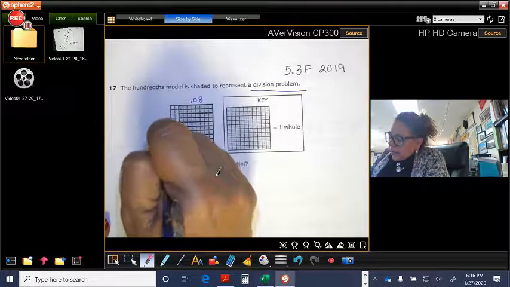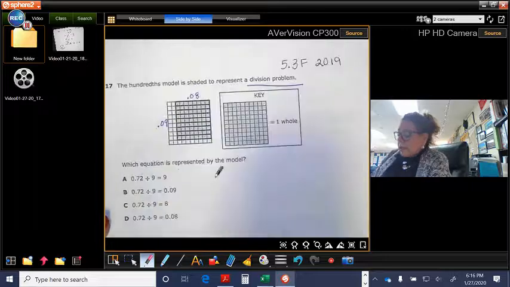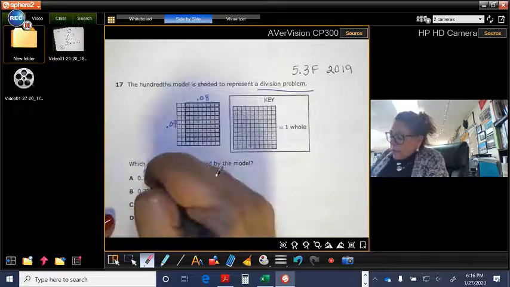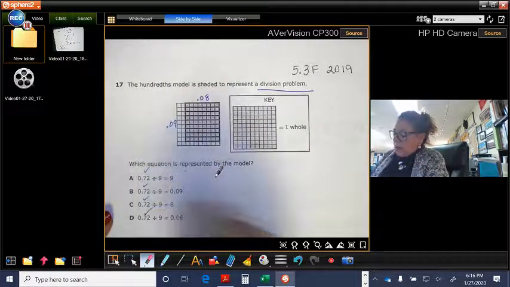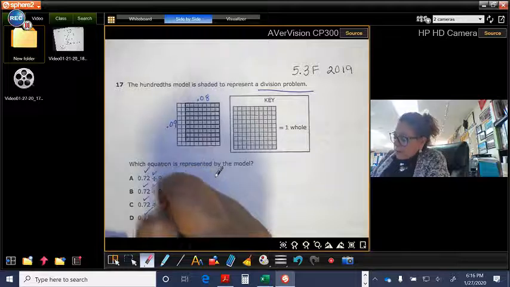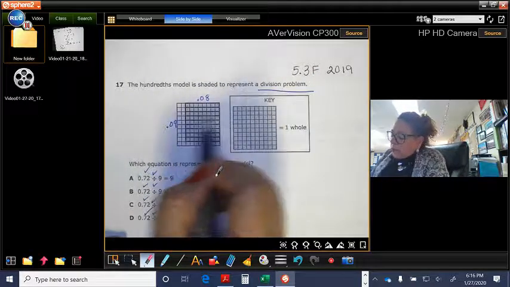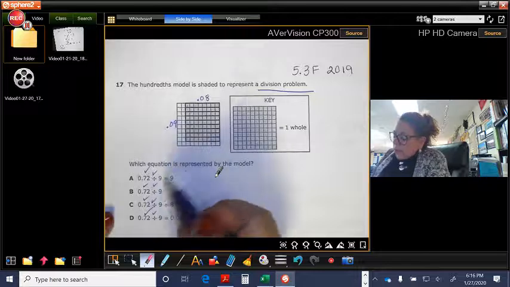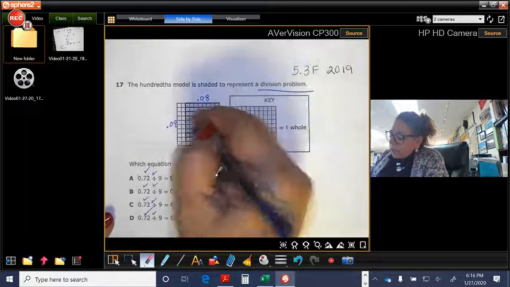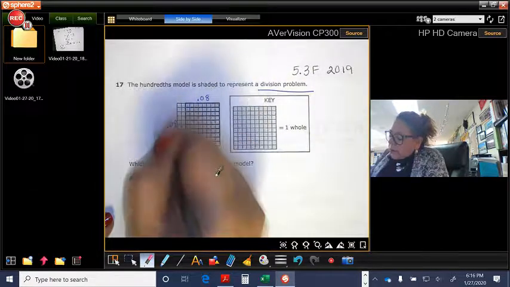This is 9 hundredths. Yes, 72 hundredths. So this would be correct. This is correct. We said it's division. And we said that it's 9 because we have 9 rows, right? So it's divided by 9, because we have a total of 72 hundredths.